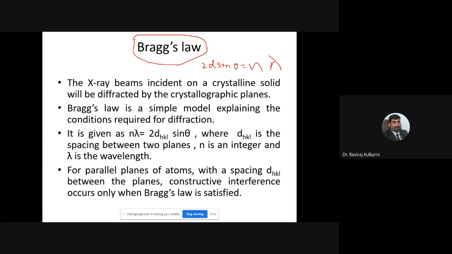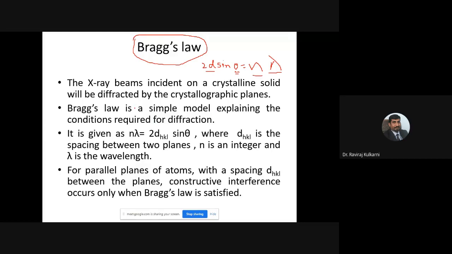What is n? It is the order, an integer. Lambda is the wavelength of the X-ray, theta is the angle, and d is the spacing.